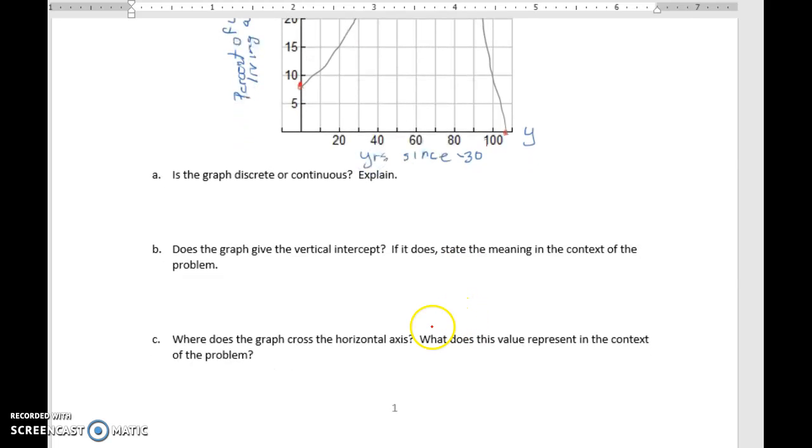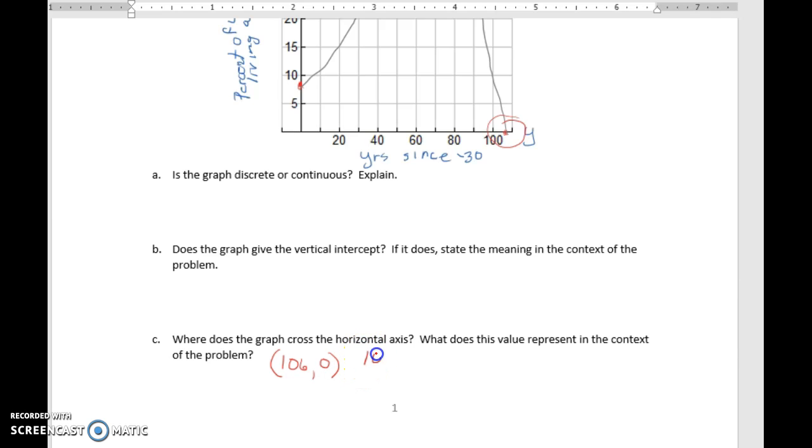And so I want to jump to part C, where it says, where does the graph cross or touch the horizontal axis? It was at this point here, the one that we were referring to, and so we know that this point is (106, 0). And what does this value represent in the context of the problem?